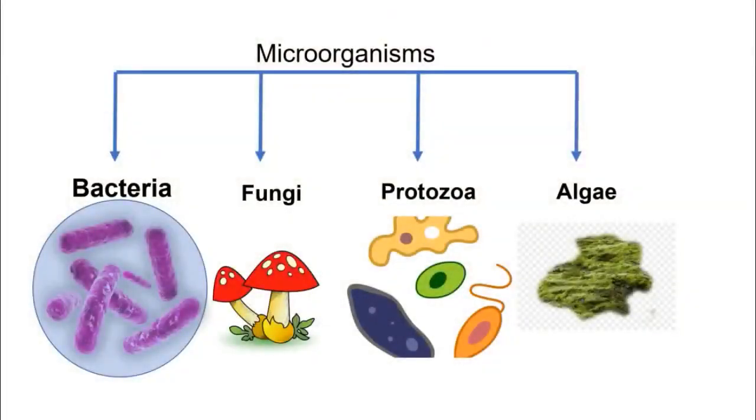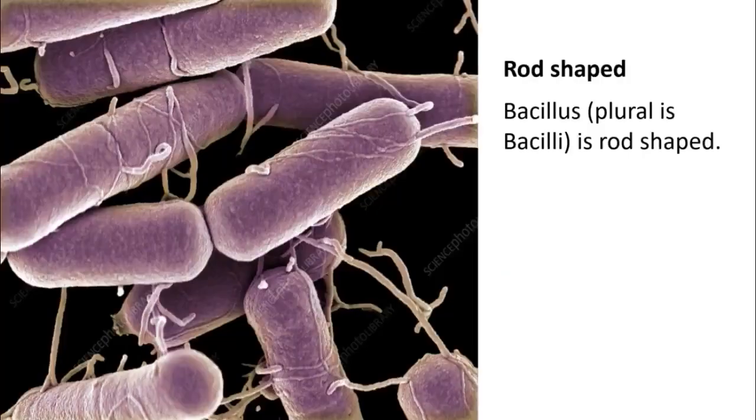Well, after the lab activity, we shall continue, and before we get into protozoa and algae, we'll have a brief recall of bacteria and fungi. We have seen the types of bacteria, and these types depend on their shapes, and they are rod shaped, which are called bacillus.